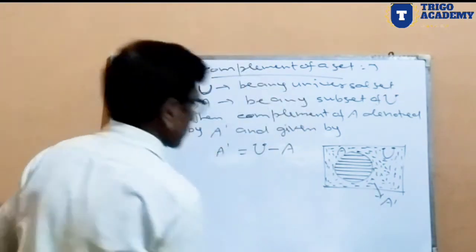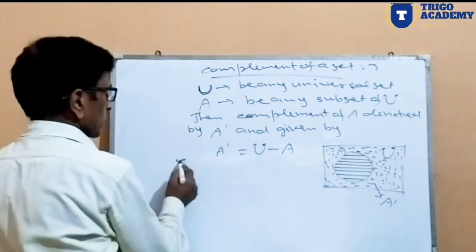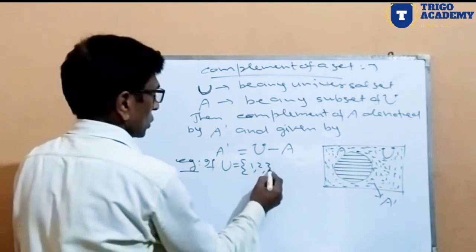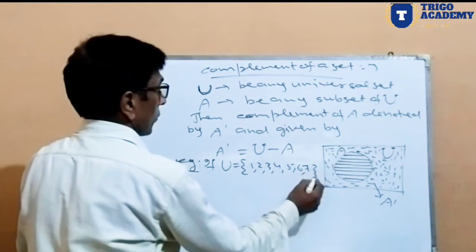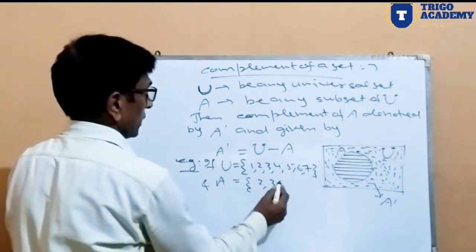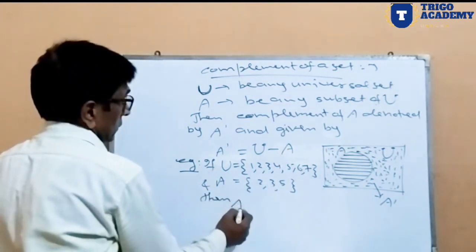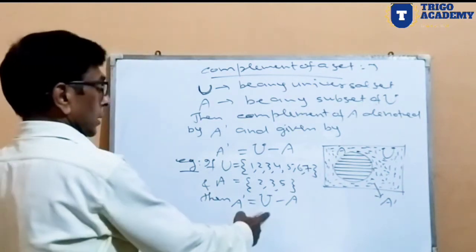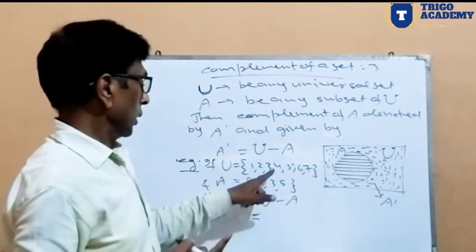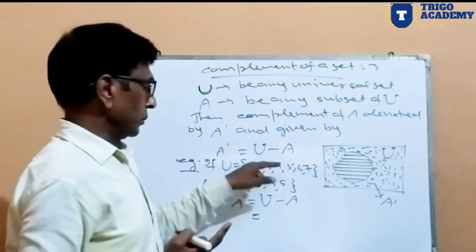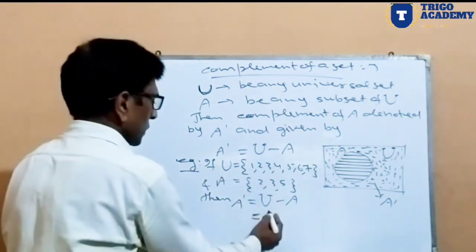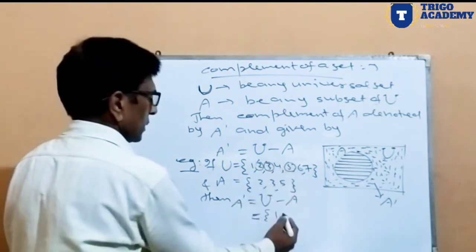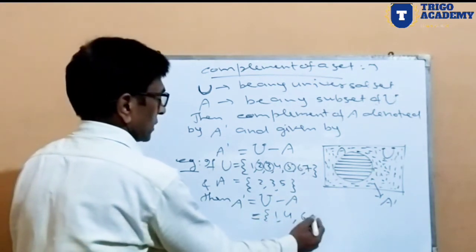Now taking one example of this: if capital U has elements 1, 2, 3, 4, 5, 6, 7 and capital A has elements 2, 3, 5, then A dash is equal to U minus A. So here we will take only elements of U. We remove A's elements from U. So we remove 2, 3, 5 this way, and the left elements are 1, 4, 6 and 7.